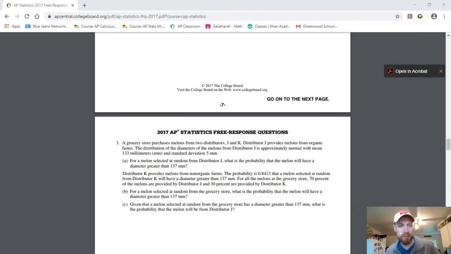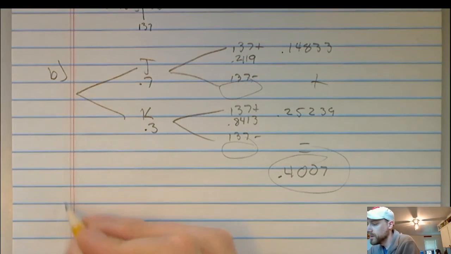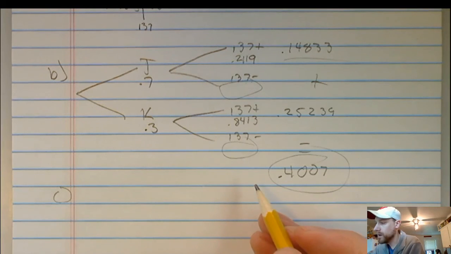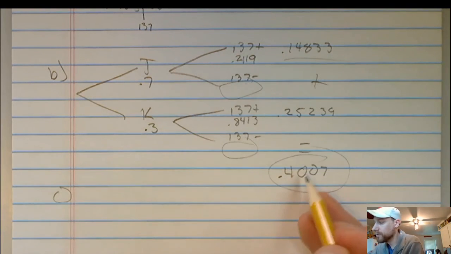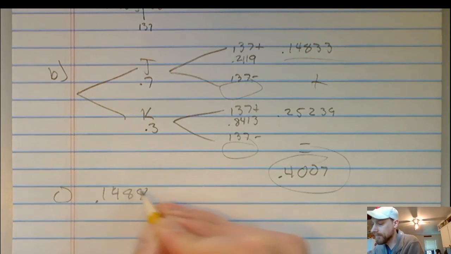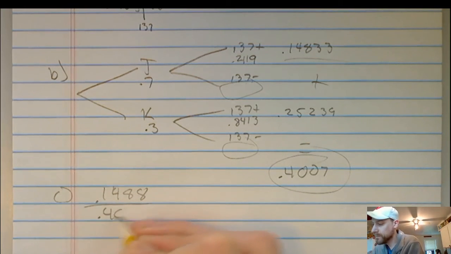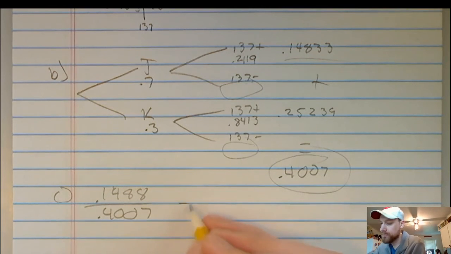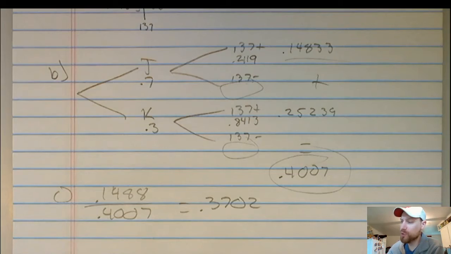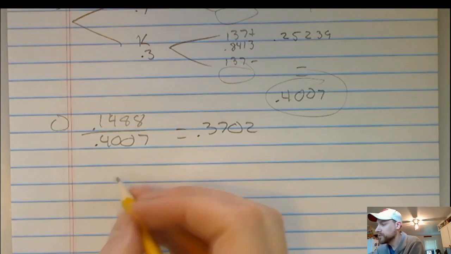The easy way to do this is just to take the probability of both over the probability of just 137. Which is 0.3702.